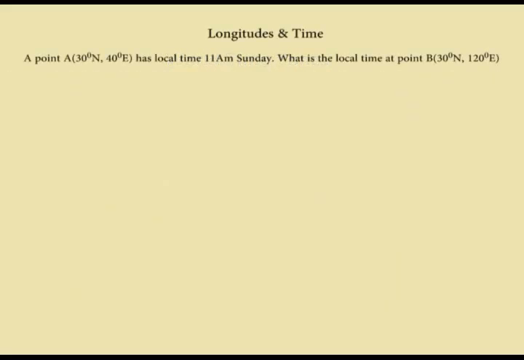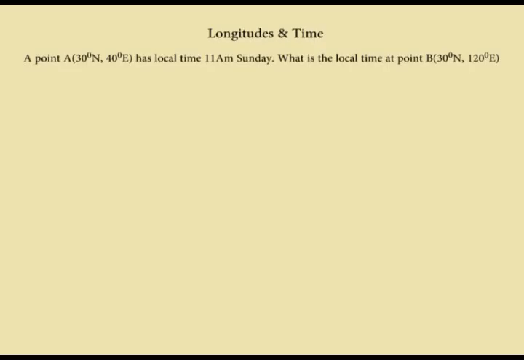For example, point A, 30 degrees north, 40 degrees east, has local time 11 a.m. Sunday. What is the local time at point B, 30 degrees north, 120 degrees east? Both points lie in the eastern hemisphere, but B is further east than A, and so B is ahead of A in time.